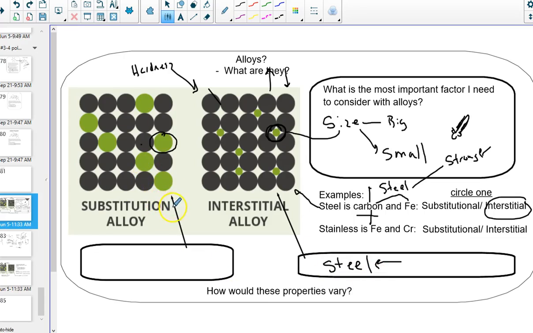Hardness is not going to be an issue for the substitutional, but because the atoms are on the outside edge, this tends to have some sort of change in chemical properties. Unlike the interstitial, where you might see something inside but not on the outside, this actually ends up covering a lot of the surface.